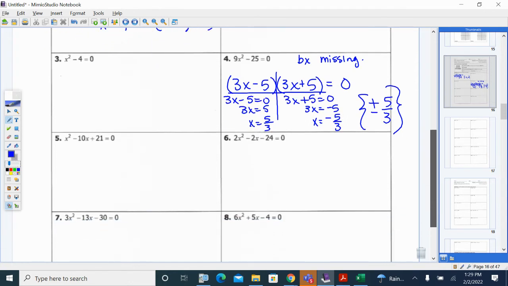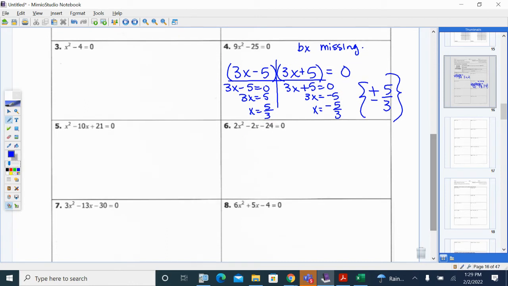So let's look now at example number 5. Number 5 says x squared minus 10x plus 21 is equal to 0. Again, 0 is already on the right side, so I'm just going to factor the trinomial that's on the left. The leading coefficient is 1, so I just need two numbers that multiply to give me 21 that add to give me the negative 10, which would be a negative 3 times a negative 7, because negative 3 plus negative 7 is your negative 10.